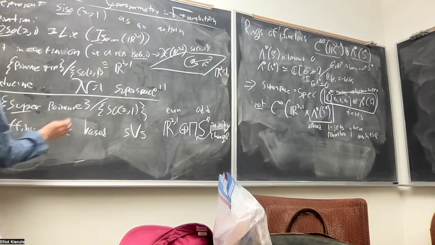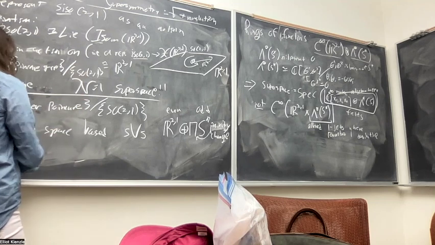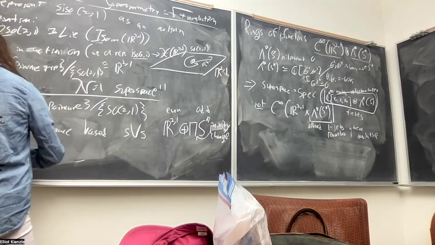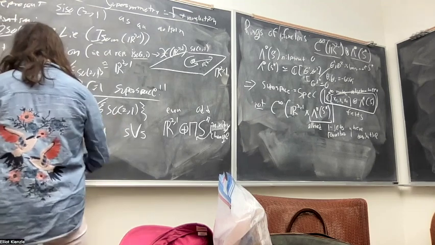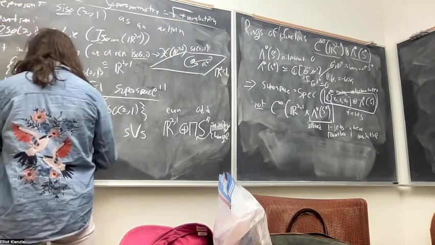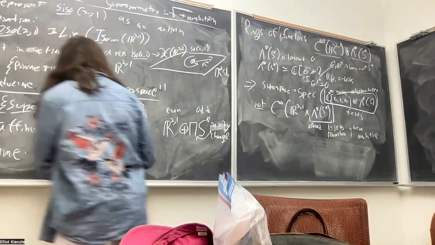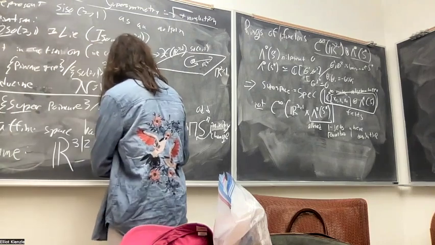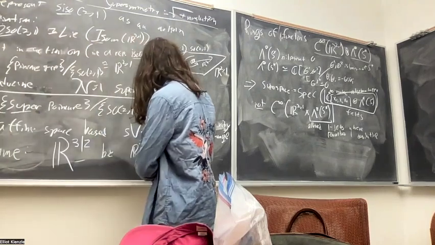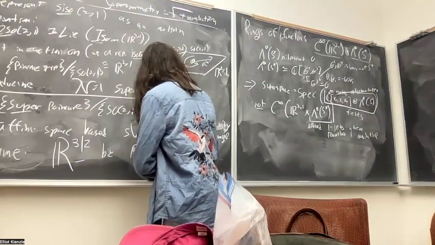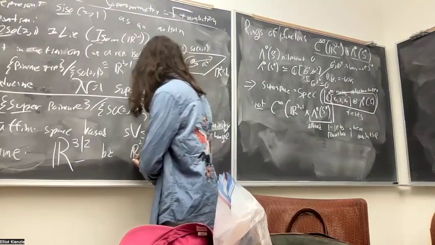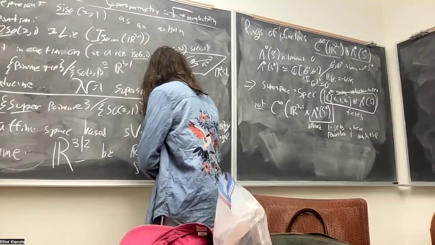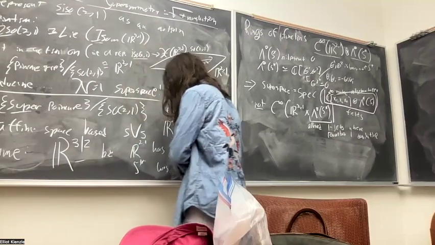Let's put a name to this just before we all go off to tea. I'm going to call this space R^{3|2}, because the real part has dimension 3 and the stool has dimension 2.